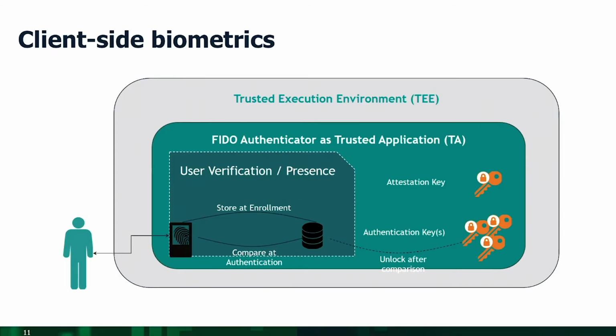I just want to touch quickly on generally what an authenticator looks like, but also where biometrics come into play. In this diagram, the trusted execution environment represents the container for the place where all the FIDO transactions take place. Within there, you generally have a comparison element where it says user verification or presence, which is integrated into the same hardware.